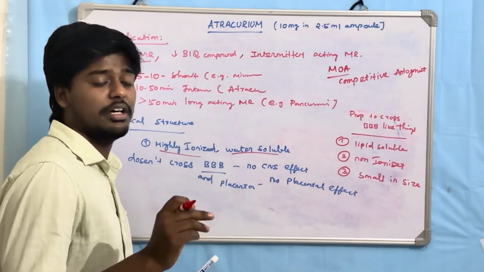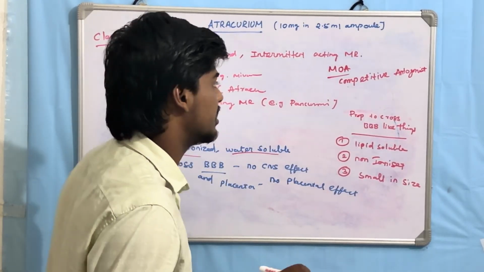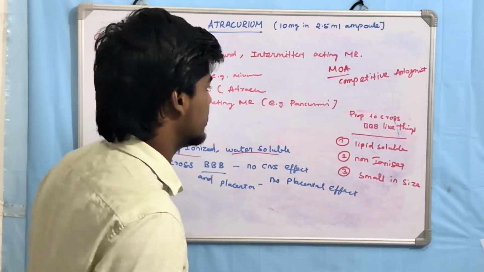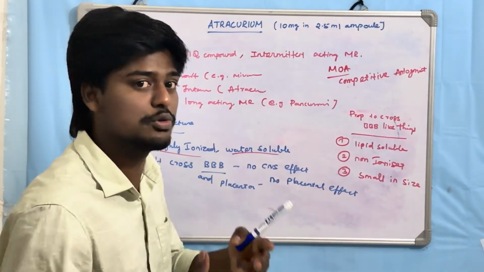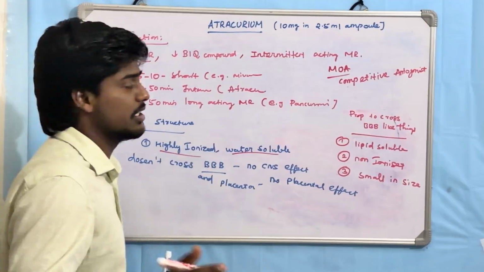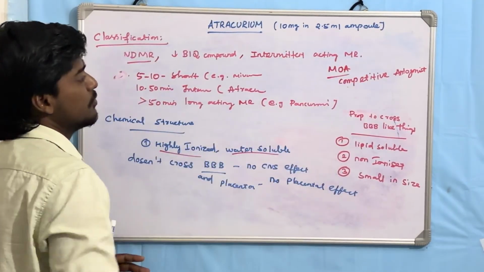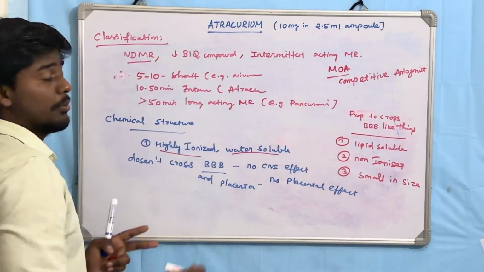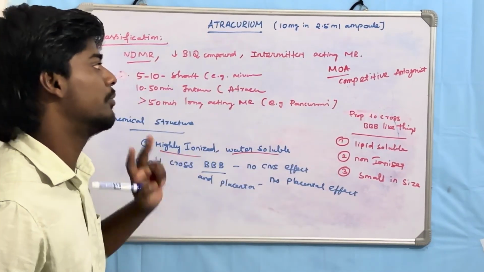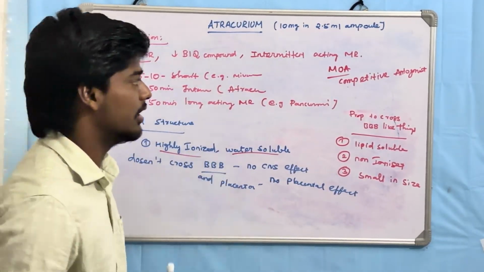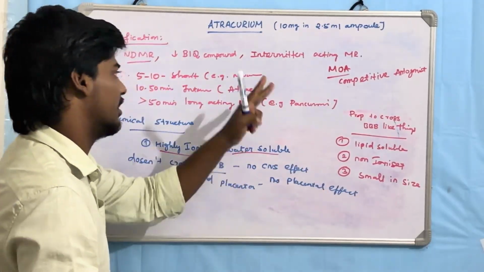It acts on the nicotinic acetylcholine receptors and blocks the communication between the nerve and the muscle, so the muscle becomes relaxed. Not only Atracurium, all non-depolarizing muscle relaxants follow this kind of mechanism of action.